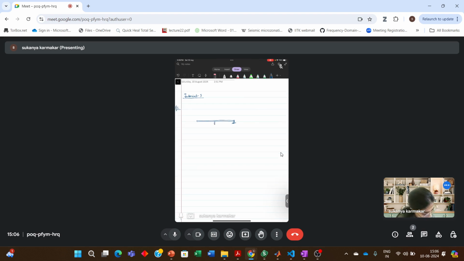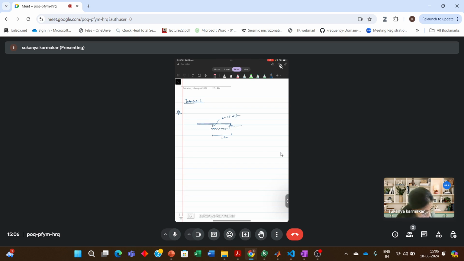So here it is supported by a spring, and you have a support something like this. This is 1.5 meter away, and this spring has a spring constant of 35 kilonewton per meter.